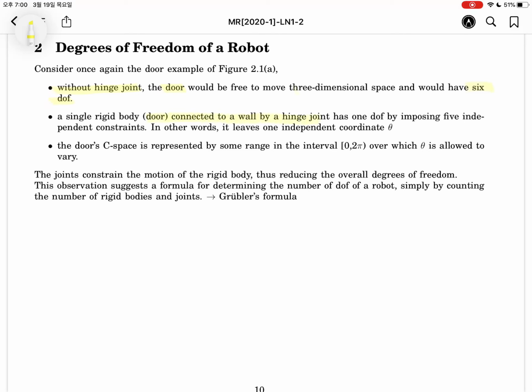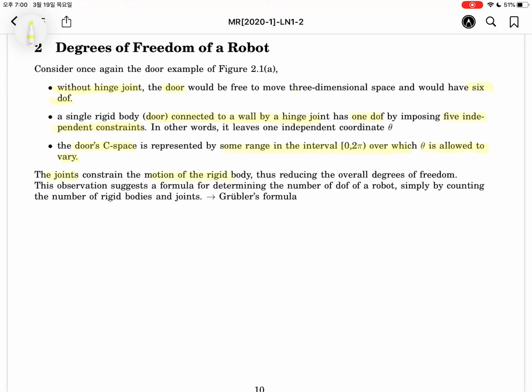The door connected to the wall by the hinge joint has 1 degree of freedom by imposing the 5 independent constraints. So the door's C-space is represented by some range in the interval over which theta is allowed to vary, because it must be a one-dimensional space.